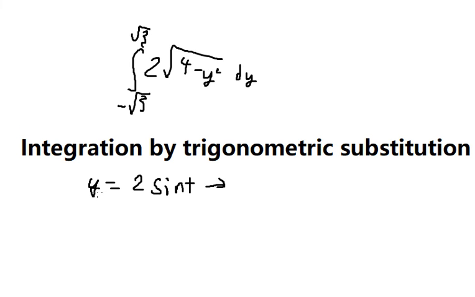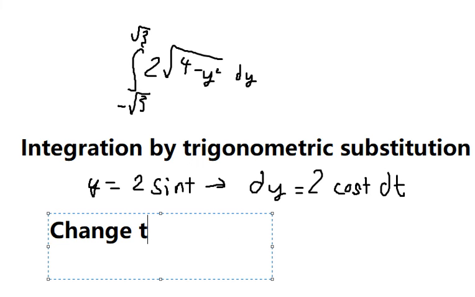Next, we do the derivative for both sides, and we have dy equals 2 cosine t dt. Next, we need to change the bounds.